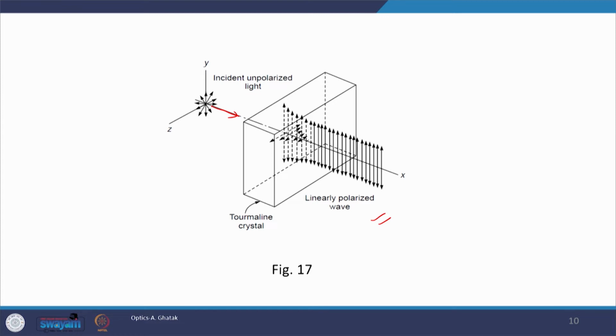The property of the crystal is such that this horizontal vibration is absorbed very rapidly with propagation, while the other beam, vibrating in the vertical direction, sees a small value of attenuation, and therefore it comes out of the crystal and we get linearly polarized light at the output.